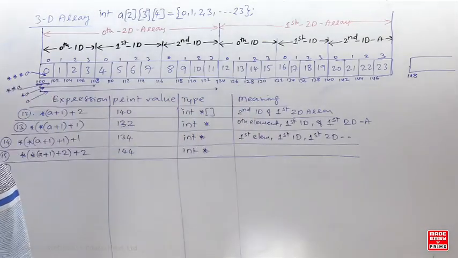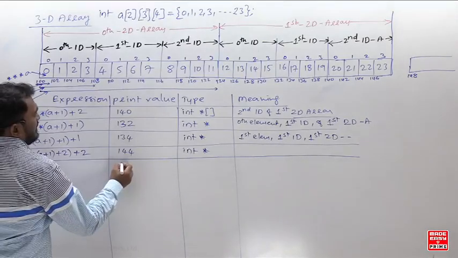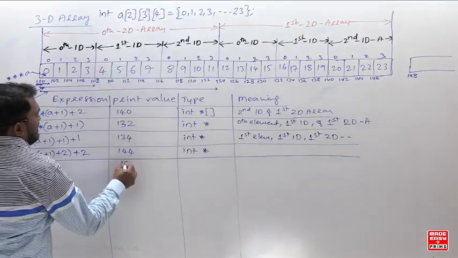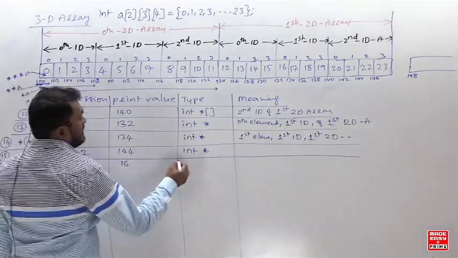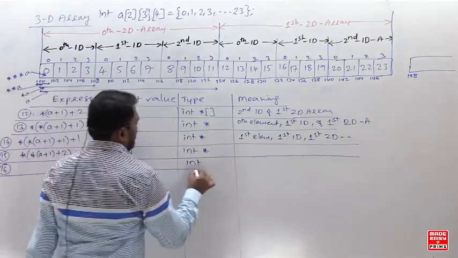Now, an interesting thing is coming. Now tell me 16. I want 16, type is integer. Tell me the expression.